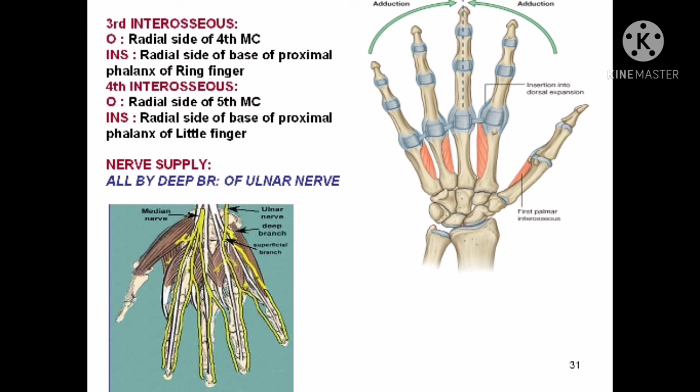Their action is the adduction of the fingers toward the middle finger. So PAD: palmars are adductors. This is the formula for the action of the palmar group. The nerve supply of all the interossei, whether palmar or dorsal, is from the deep branch of the ulnar nerve.